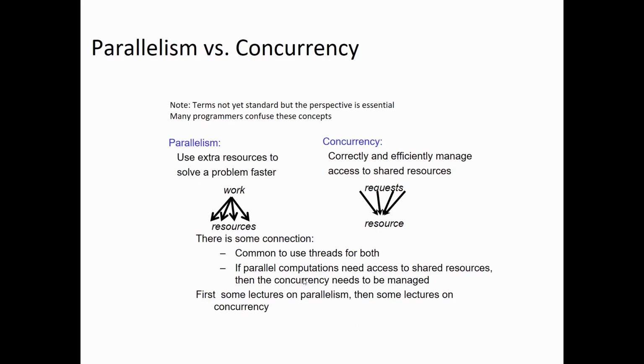Okay, so in Java and many other languages we are using exactly the same trick, threads, to solve slightly or totally different problems. Okay, it becomes even more sophisticated because in parallel computation we also from time to time need access to shared resources. So very often in parallel programs we have to deal with concurrency problems, but concurrency also exists on a single thread computer.